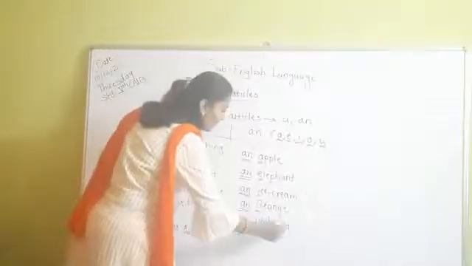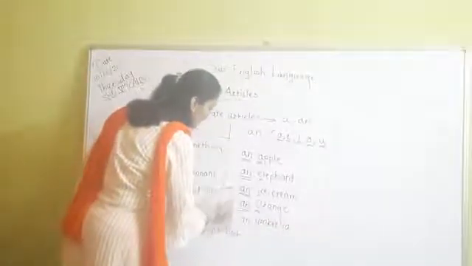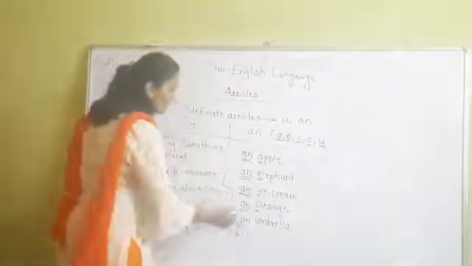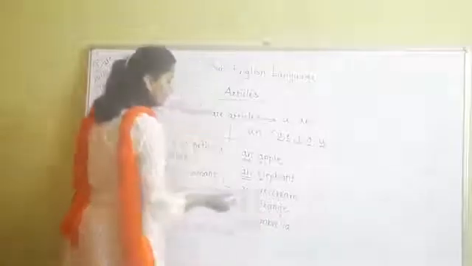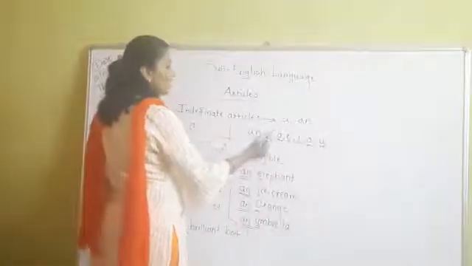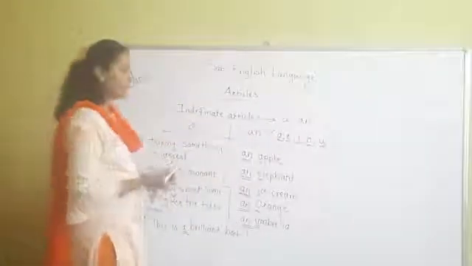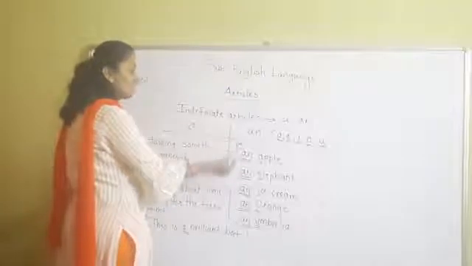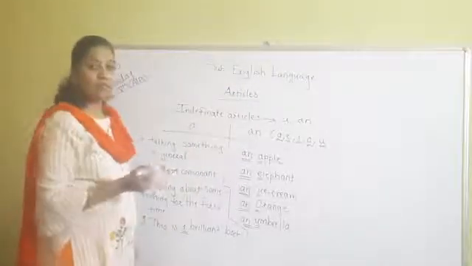Here also we have to write down an, okay, before this vowel sound. So when the spelling starts with A, E, I, O, U, those are the vowel sounds, we have to use, or write down, an before those words, okay.